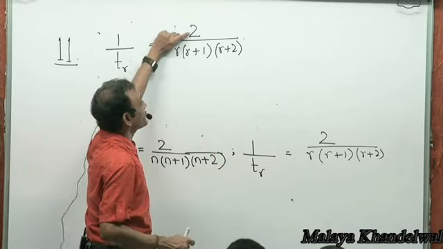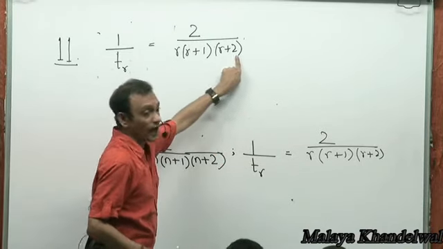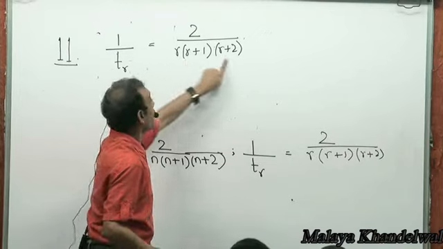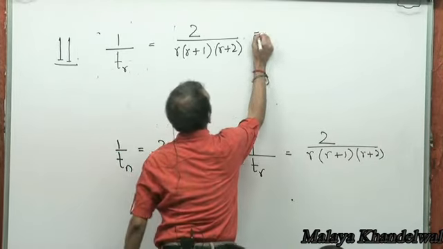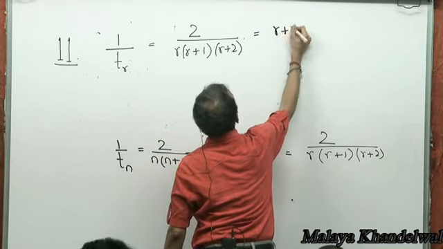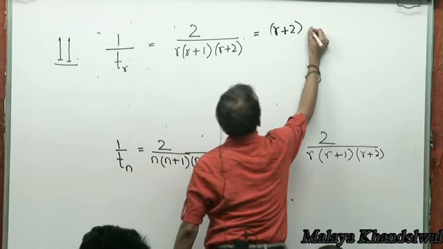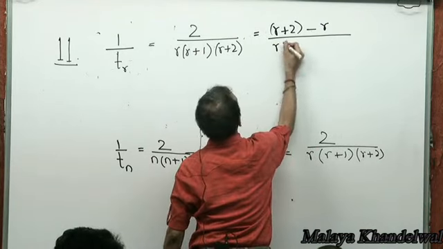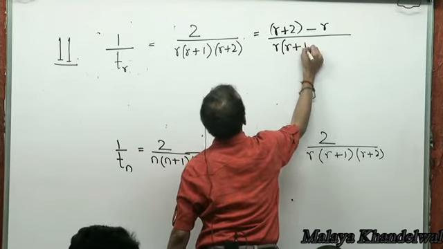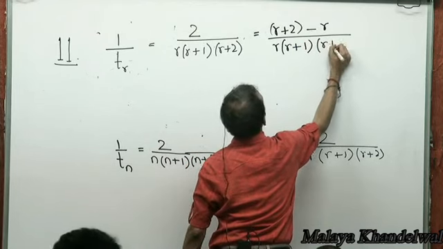What I do is, I write the numerator as last term minus first term, r plus 2 minus r. That's how I write the numerator. So this is like r plus 2 minus r divided by r into r plus 1 into r plus 2. How about it?